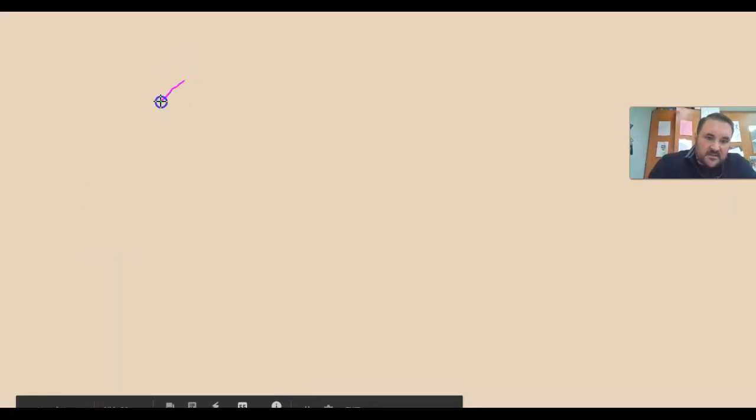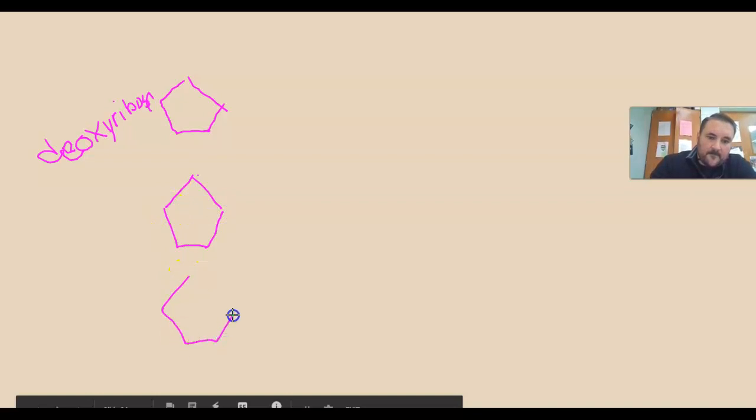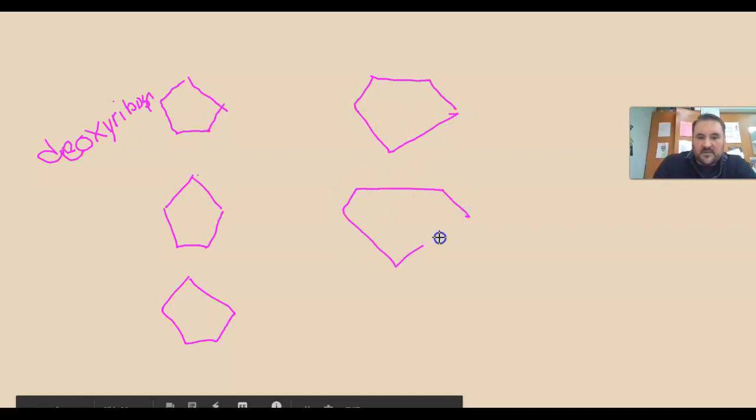So DNA has a 5-carbon sugar that we call deoxyribose. And on one side, the sugar is upside down from the other because DNA runs anti-parallel.